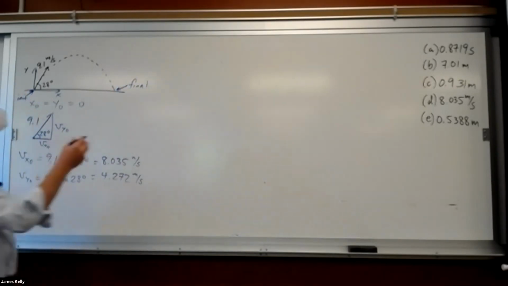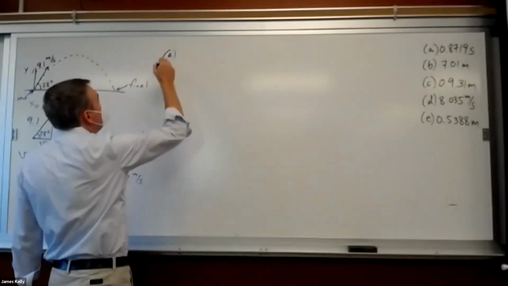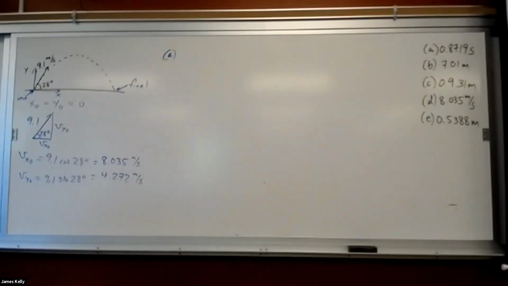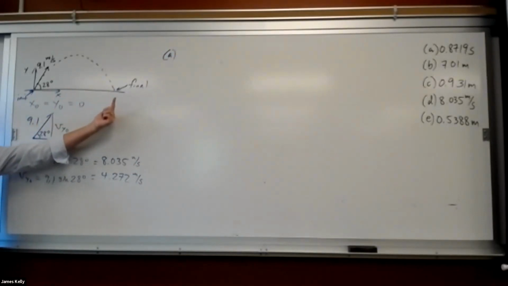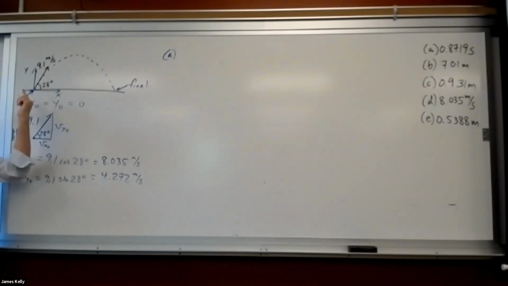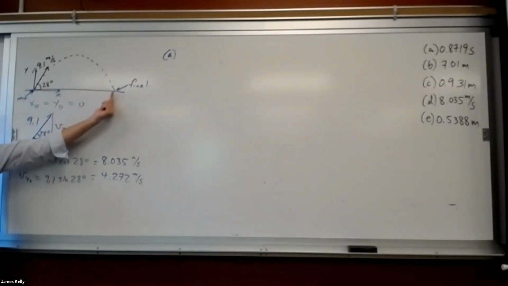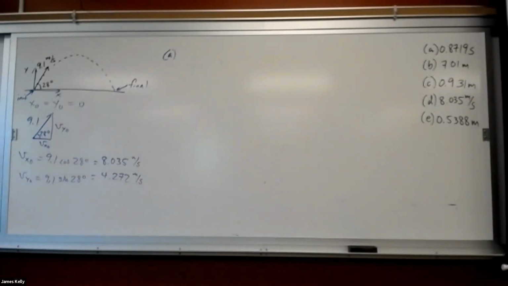And I'm ready to go in A to find T. I don't know anything about how far it goes. And using the Vx versus T equation doesn't really help much because AX is 0, so it reduces to something not helpful.